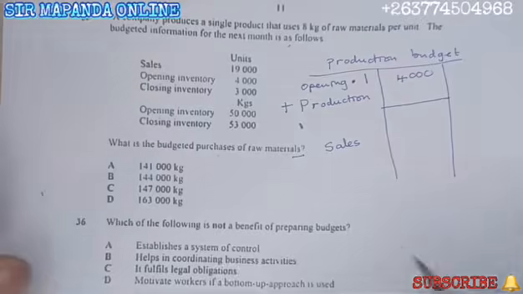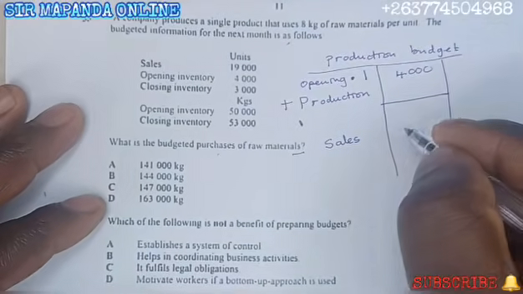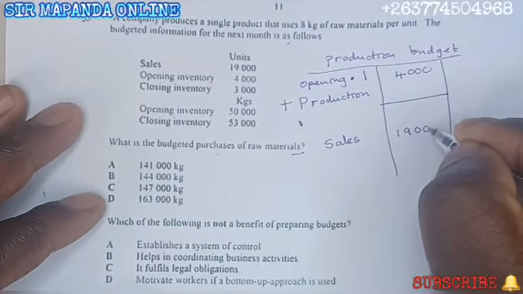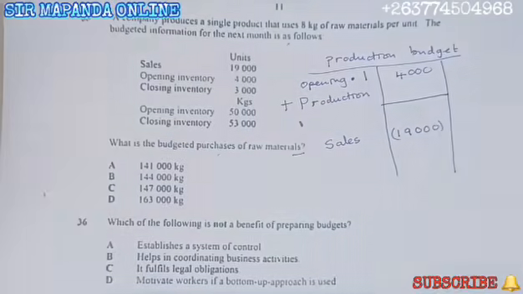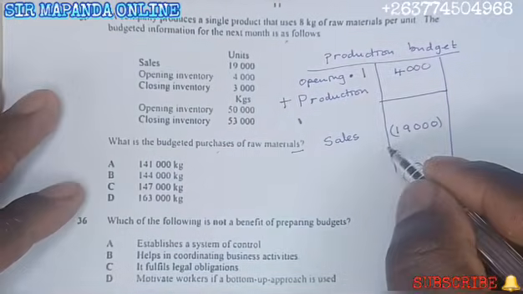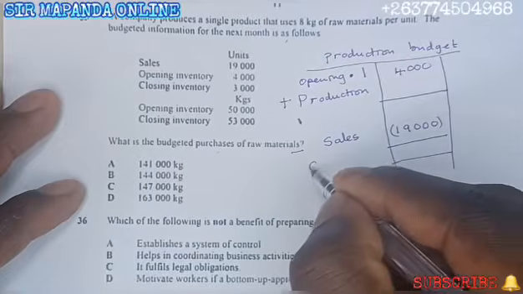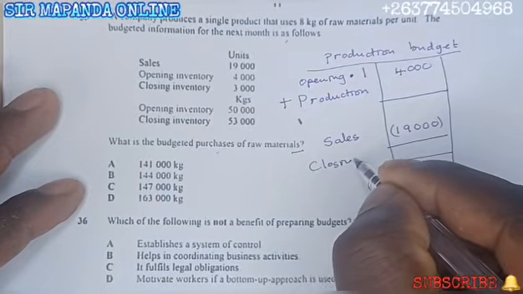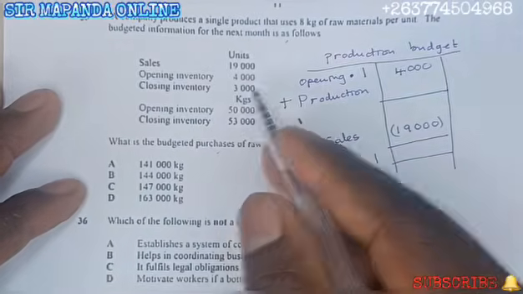Sales are given as 19,000. So I'm going to less 19,000. I hope you are following class. To get the closing inventory, which is given as 3,000.